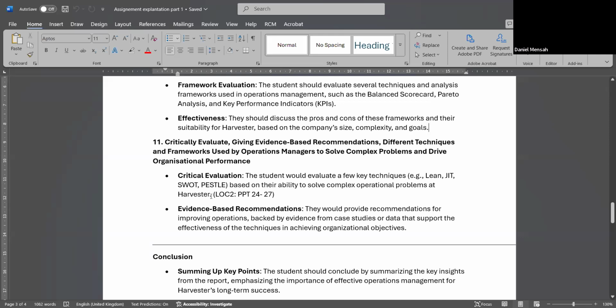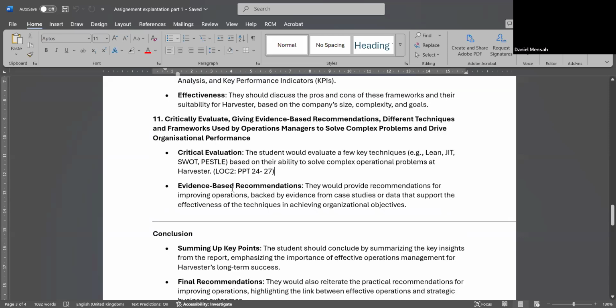Because you are using a harvester company, it becomes easy for you. You will focus on that company and deal with this question from its perspective: what kind of tool you can use to deal with the complex problems of the organization's operations.